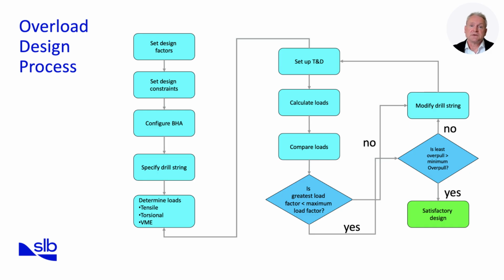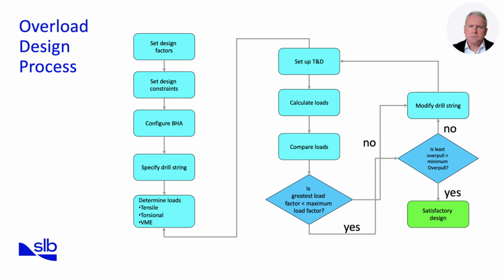We also check the load factor, which is the ratio of applied load to rated strength. If the greatest load factor is below the maximum allowed, the design is acceptable. If not, adjustments must be made. The process also checks the overpull margin, the difference between maximum allowable tensile load and actual surface load. If this margin is less than the required minimum, the design fails.